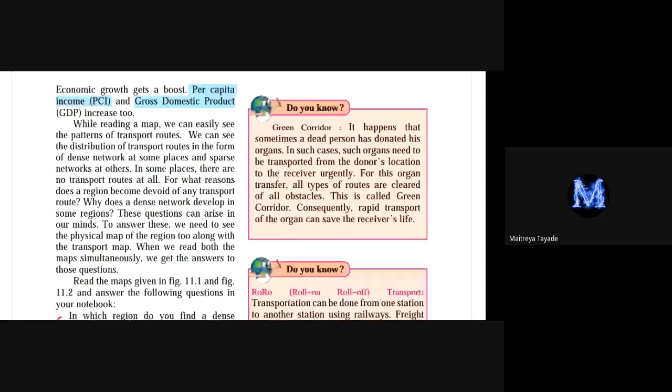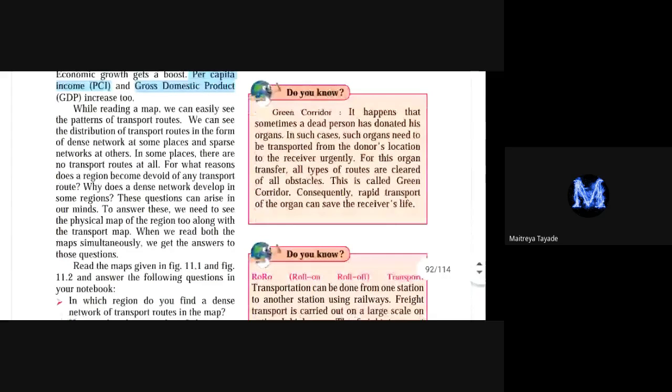We have also seen the map of different airports. How many airports are in our country, and where are they located? We have seen these maps in your geography. So there you can see that in some areas the routes are very dense, and in some they are sparse.